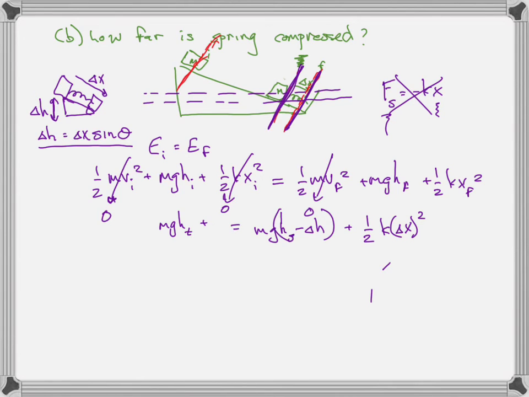And delta x is the compression of the spring. I used both xf and delta x, but they're the same thing. Xf was the final position, therefore the compression is delta x.